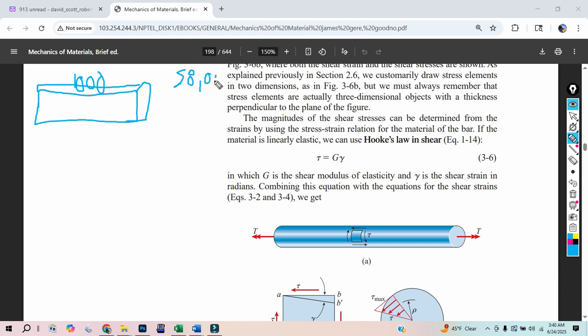I could say 58,000 psi because the area is 1 square inch, and that number can be synonymous with any steel bar of any size. If I just say 58,000 pounds, you kind of know what you're dealing with.